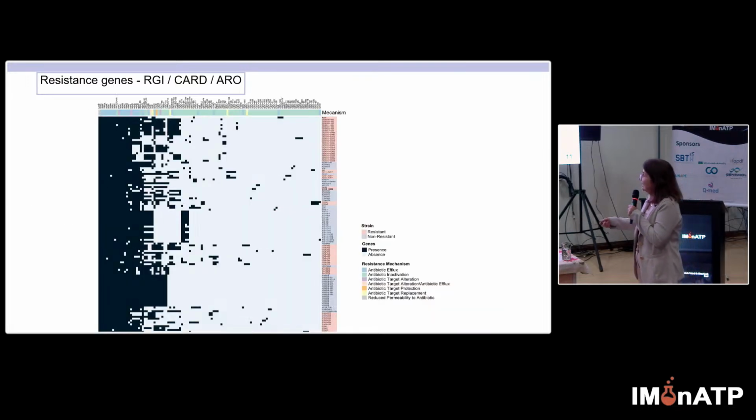We also analyzed the 121 strains and the different mechanisms, efflux, inactivation, etc. The blue ones are the efflux, and the green ones are the inactivation. And our bacteria is the first one here.